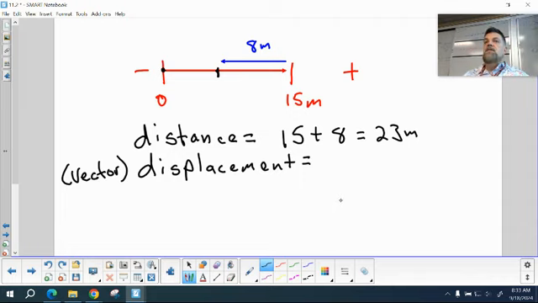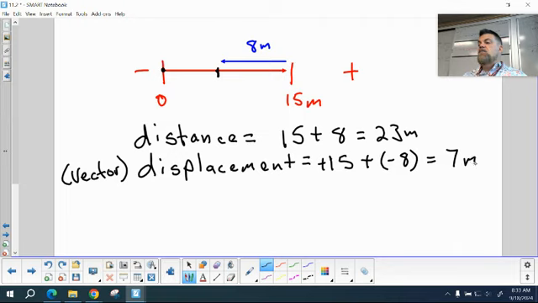So I went 15 units in the positive direction, so think of this as a positive 15. And then I went 8 units in the negative direction. When you do the math on that, you get 7 meters. That's where I ended up.